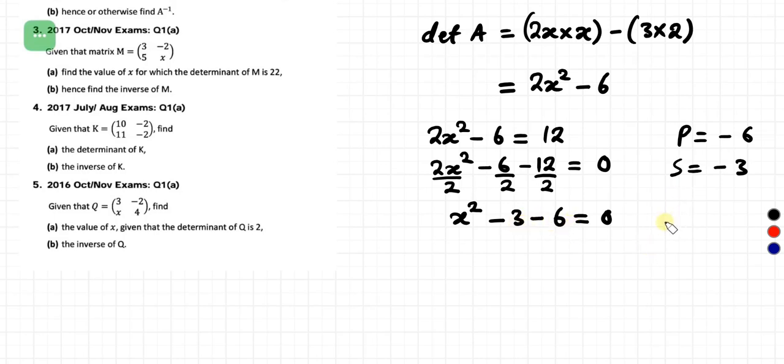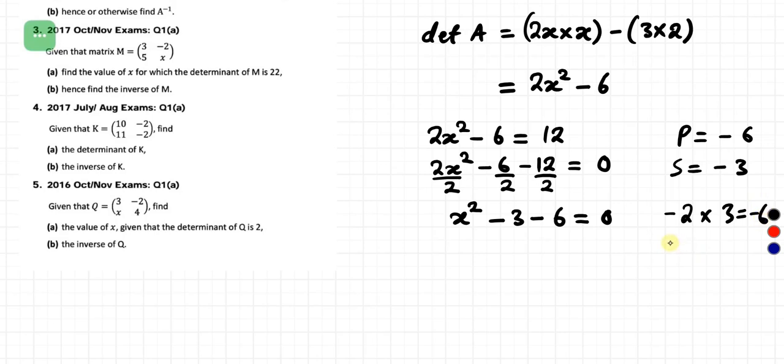So let's try. I hope I've not made a mistake in this one. I'm just trying to confirm. Yeah, 2, 3, 6. So if I have negative 2 times positive 3, I'll get a negative 6.